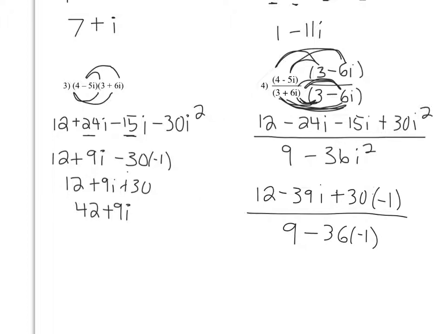So in the numerator, 12 minus 30 would be negative 18. And then we have the minus 39i that was already there. Then in the denominator, this 9 minus 36 times negative 1 really becomes 9 plus 36. And so we end up with negative 18 minus 39i all over 45.